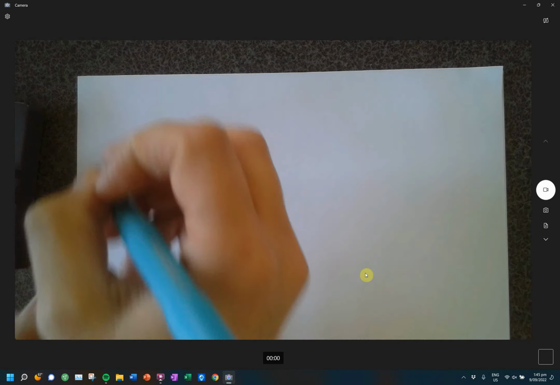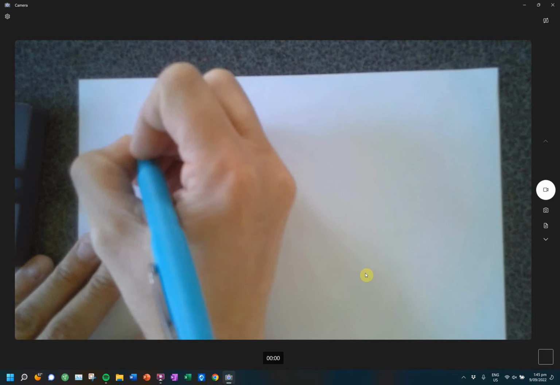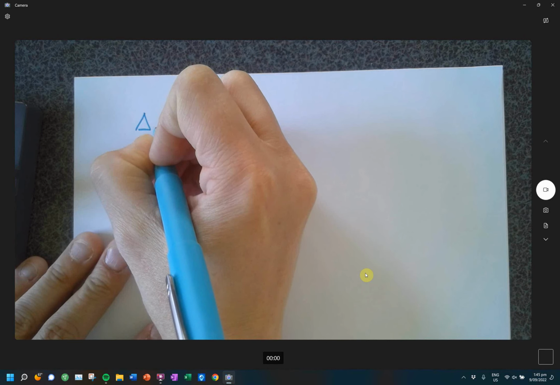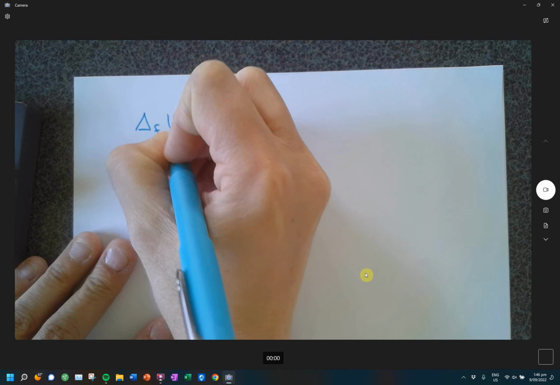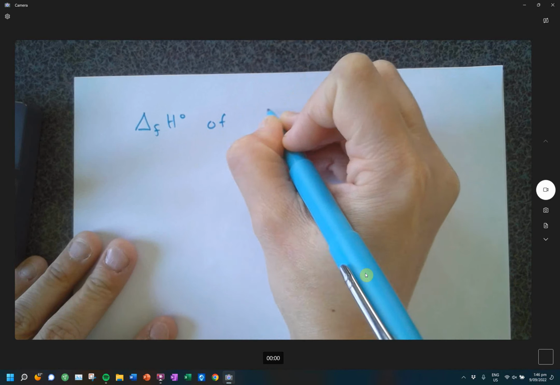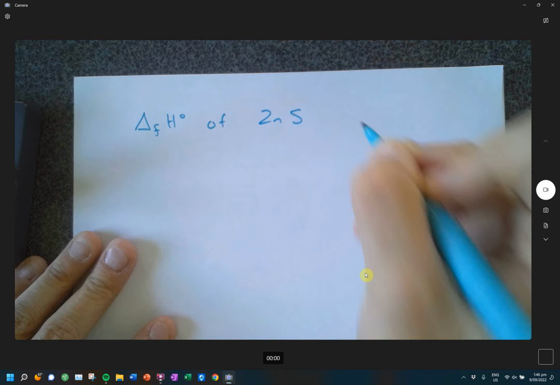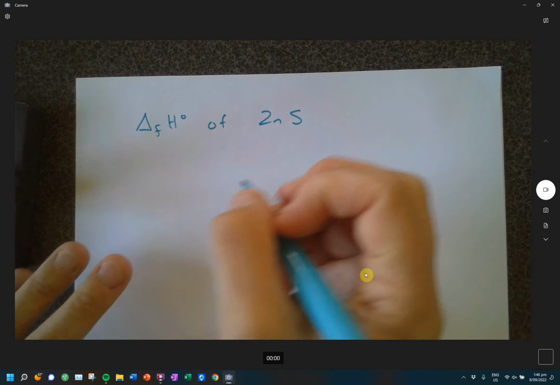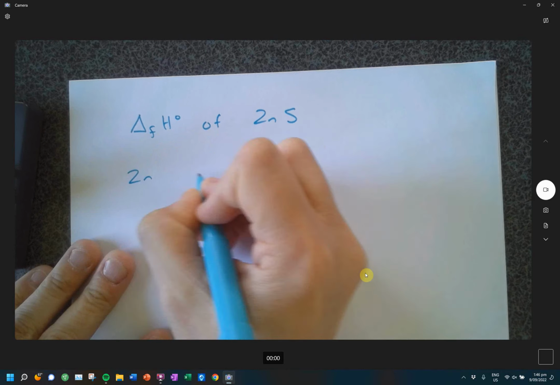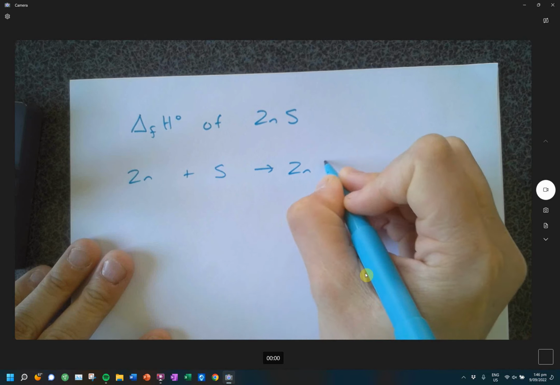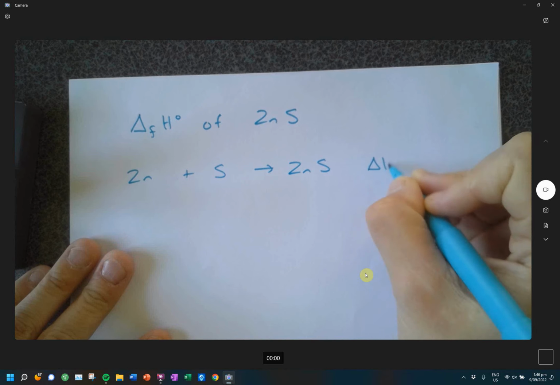We're going to calculate the enthalpy of formation of zinc sulfide. The equation for that is zinc plus sulfur makes zinc sulfide, and our delta H is our unknown.